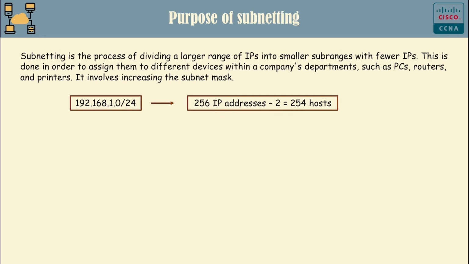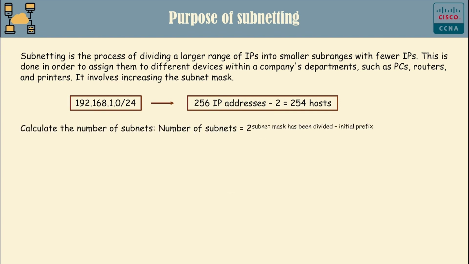Formula to calculate the number of subnets when breaking down a subnet mask from the original prefix. To calculate the number of subnets, you can use the following formula: the number of subnets equals 2 raised to the power of the new subnet mask minus the initial prefix. Example, for dividing from /24 to /25, the subnet mask has been divided by 1 bit.